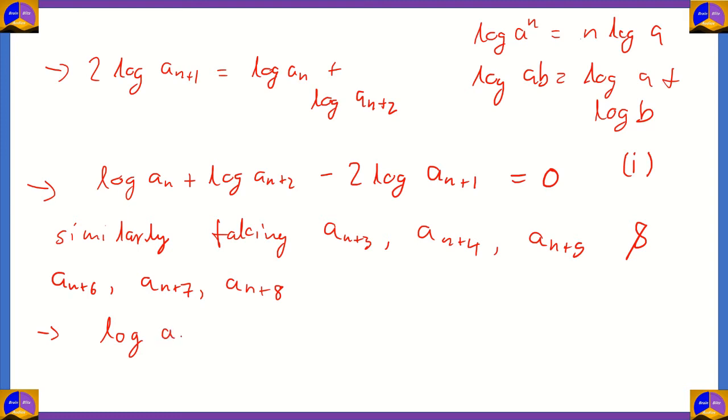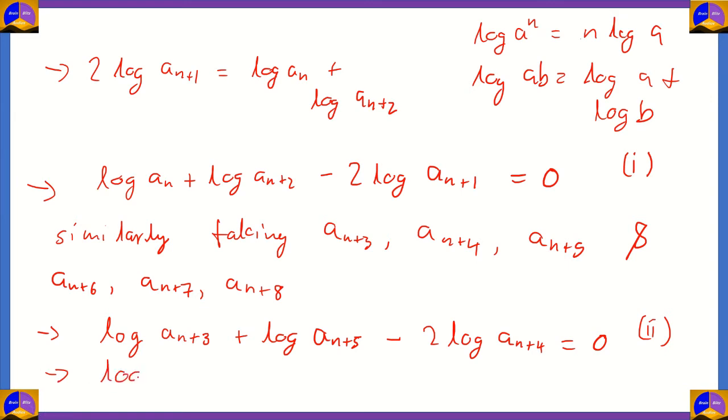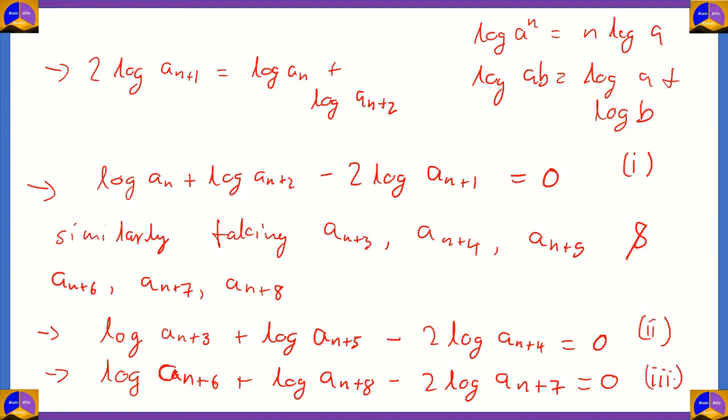We can write log An+3 plus log An+5 minus 2 log An+4 as equal to 0, using the property of the geometric progression. We can also write log An+6 plus log An+8 minus 2 log An+7 as also equal to 0. We'll consider these two equations as equation 2 and equation 3 respectively.